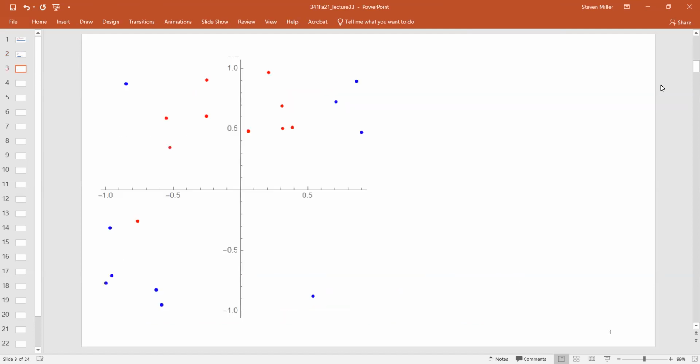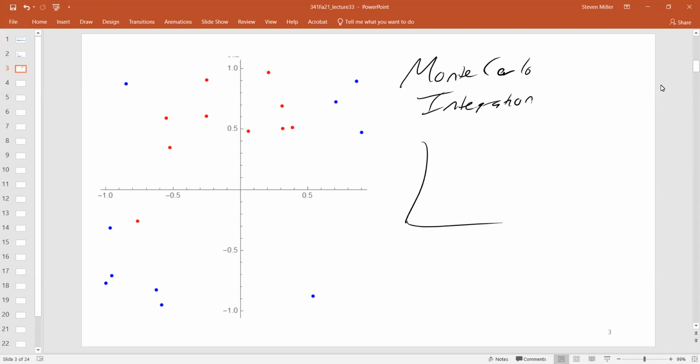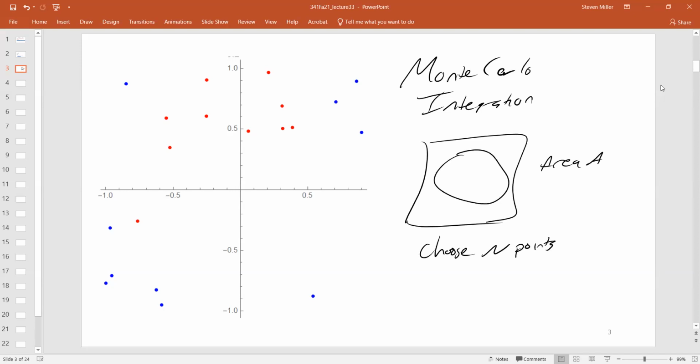Okay, so I want to talk a little bit about Monte Carlo integration. The way Monte Carlo integration works is the following. You start off with a large box of area A, choose n points, and see what fraction are in your set.